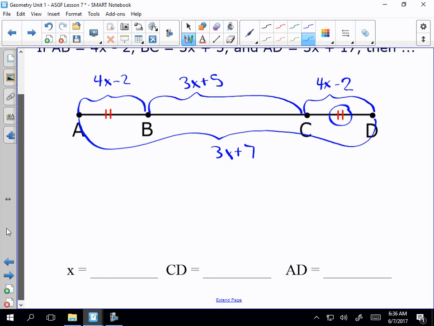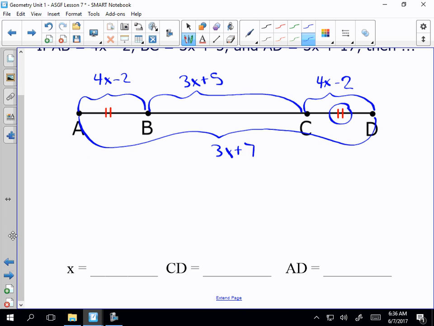So now we're doing the same thing that we did in the last problem, but instead of equaling a number, it's now equal to another equation. So we have 4x minus 2 plus 3x plus 5 plus 4x minus 2 equals 3x plus 7.